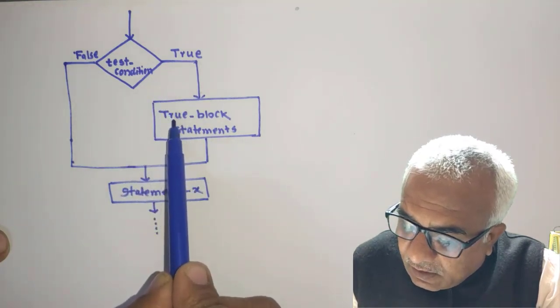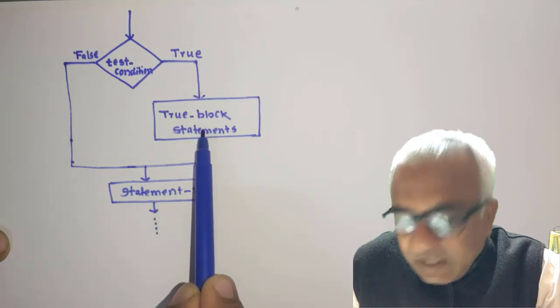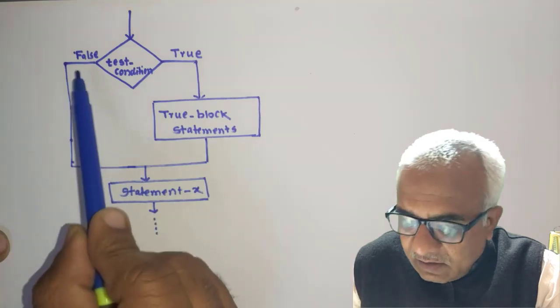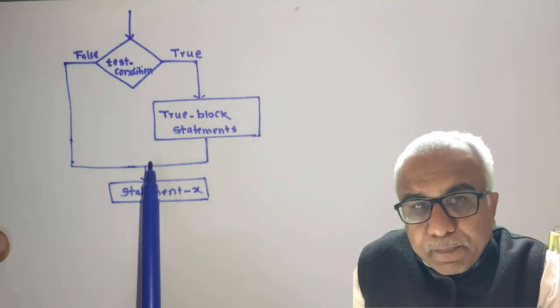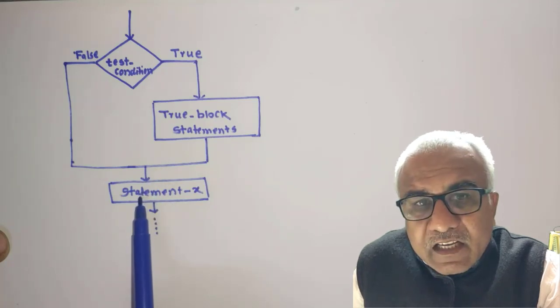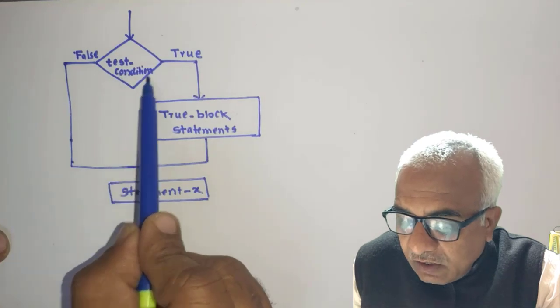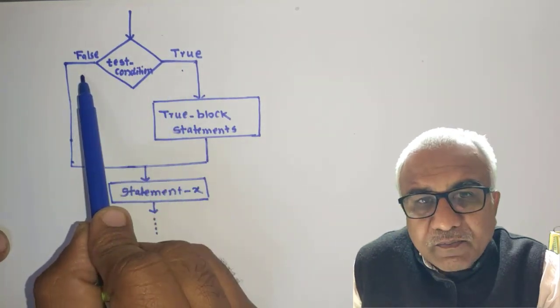So the true block of statements is executed and then statement X and the next statements are executed, or the true block of statements is skipped and directly statement X and the next statements are executed, depending on whether the test condition is true or false.